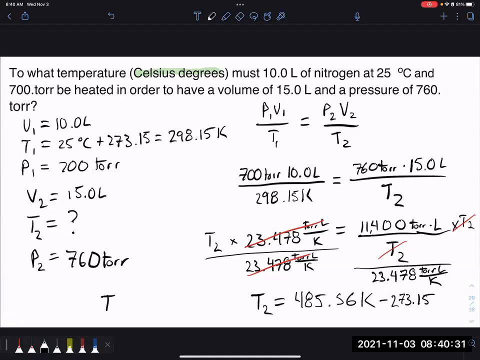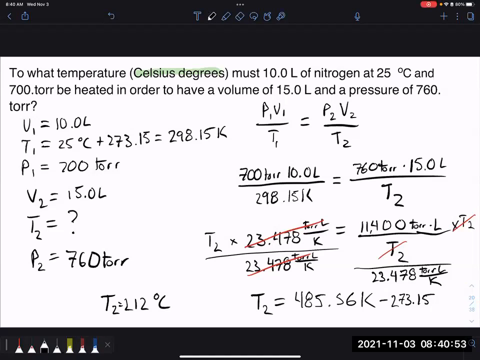And temperature is going to be 212. I mean, at most we have kind of 3 sig figs. 212 degrees Celsius, which is real hot.